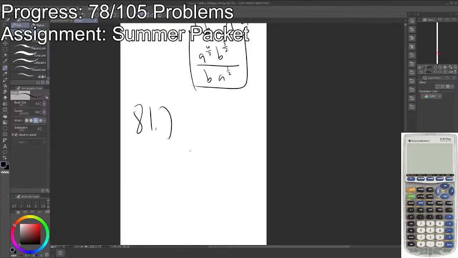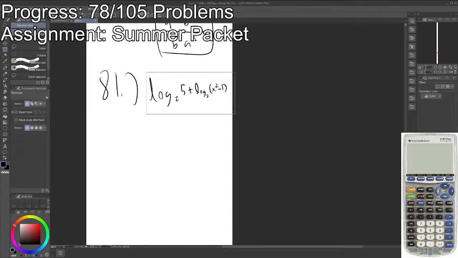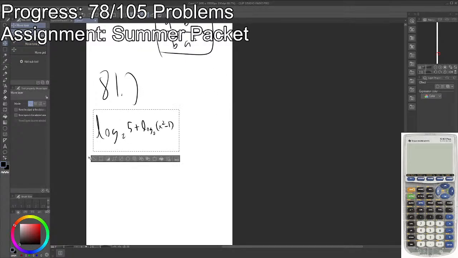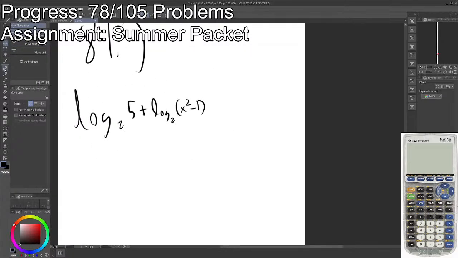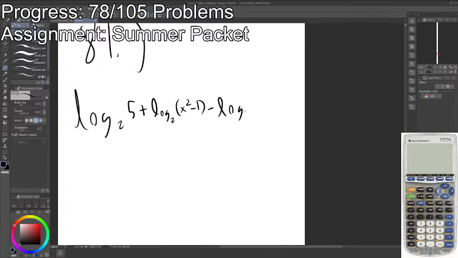Laws of logarithms. Okay, I forget these. Oh, any more room? Yeah, I forget the laws you gotta use.